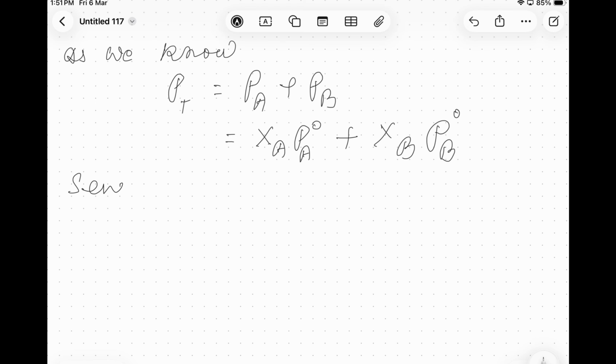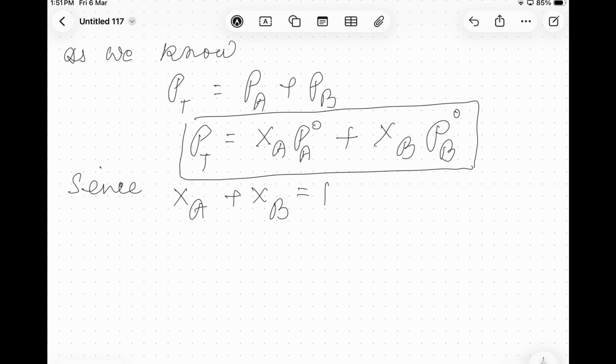Since XA plus XB for a solution is equal to 1, we may write PT is equal to PA naught XA plus 1 minus XA times PB naught.